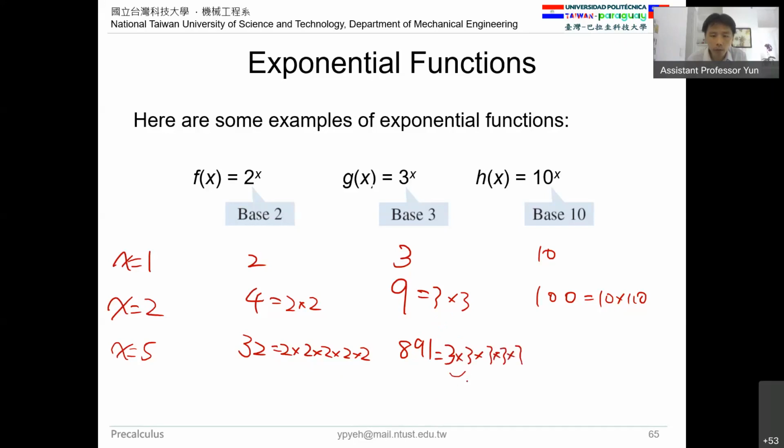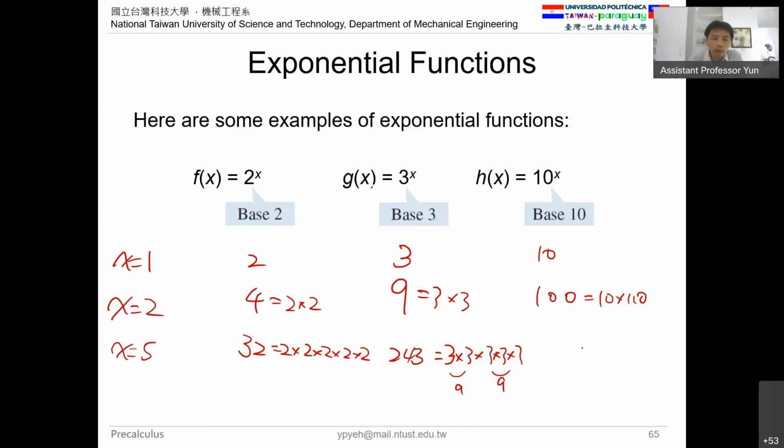This will be 9. No, 9, so this is not correct. Maybe 243. Yeah, that's correct. So that's 243, right? It's 3 times, okay.